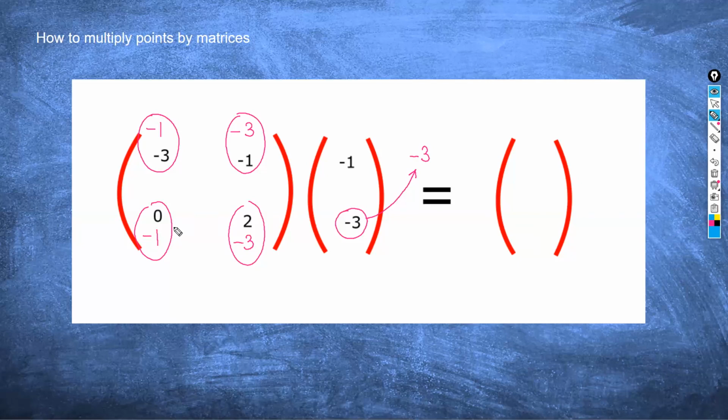Multiply, multiply, multiply, multiply. Minus 1 multiplied by minus 3 is positive 3. You can choose to put the positive sign here or not.